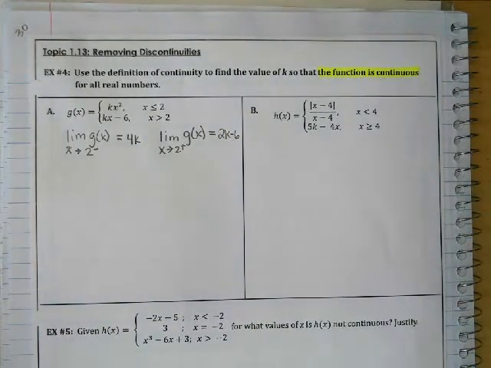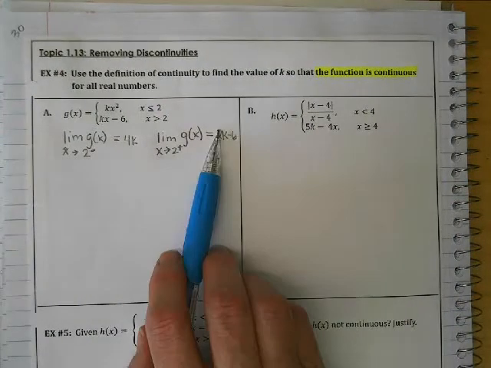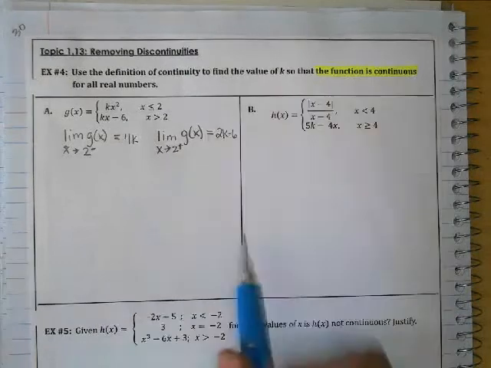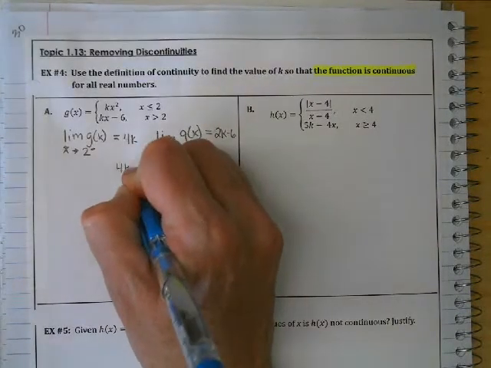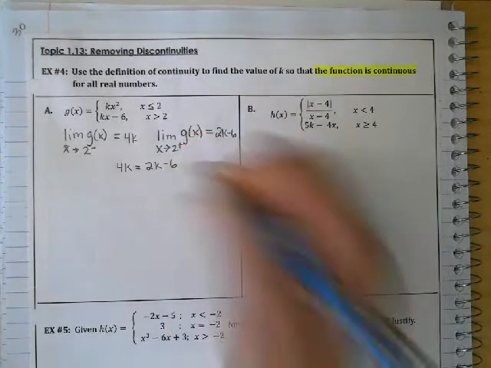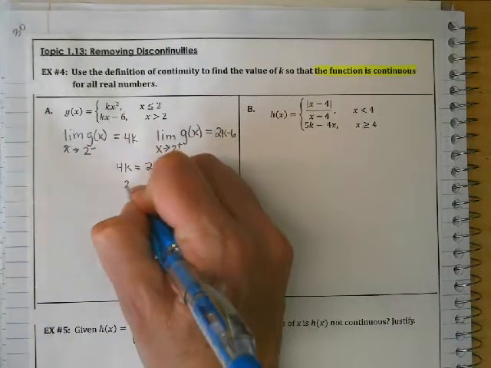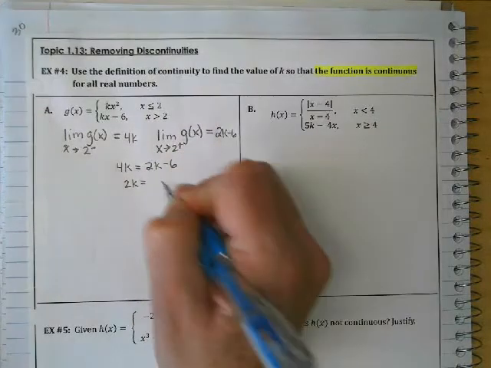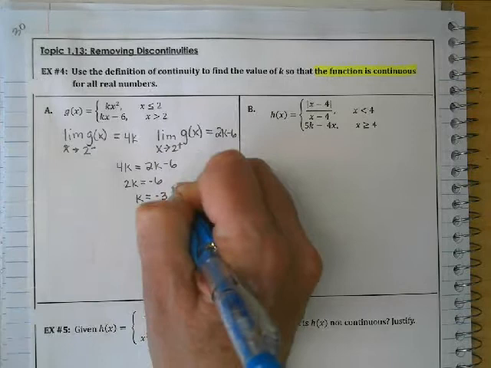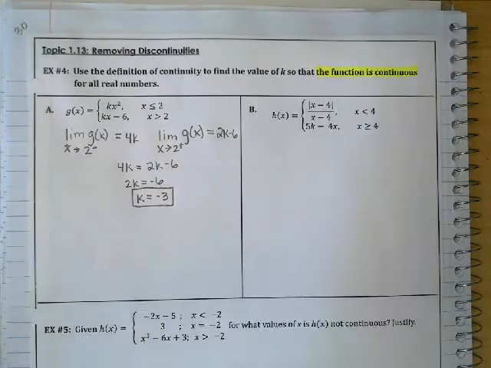Now, if it's continuous at that point, then these two things would have to be equal to each other. So that tells me that 4k has to equal 2k minus 6. So let's see, 2k equals negative 6, and k would have to equal negative 3.